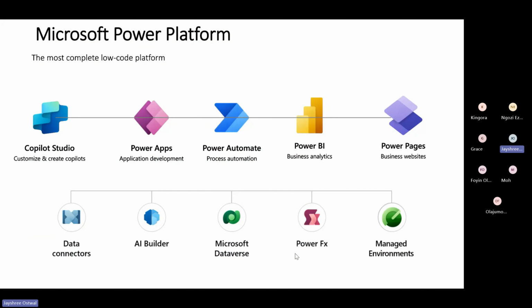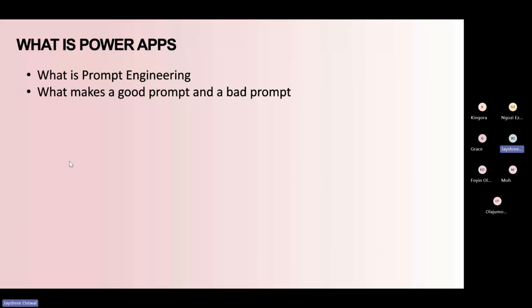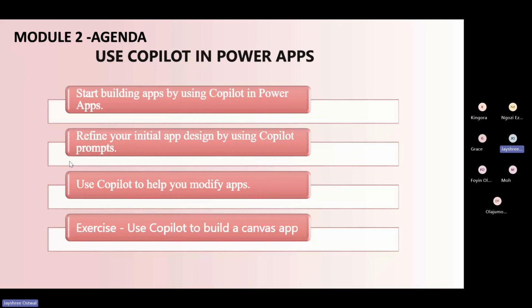We are looking at Copilot Studio, which helps us customize and create Copilot. We also saw the Copilot details last week, and what prompt engineering is, and what makes a good prompt and a bad prompt.